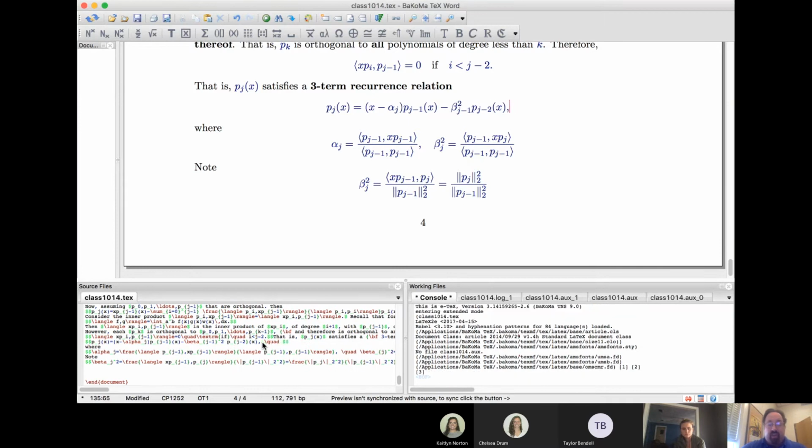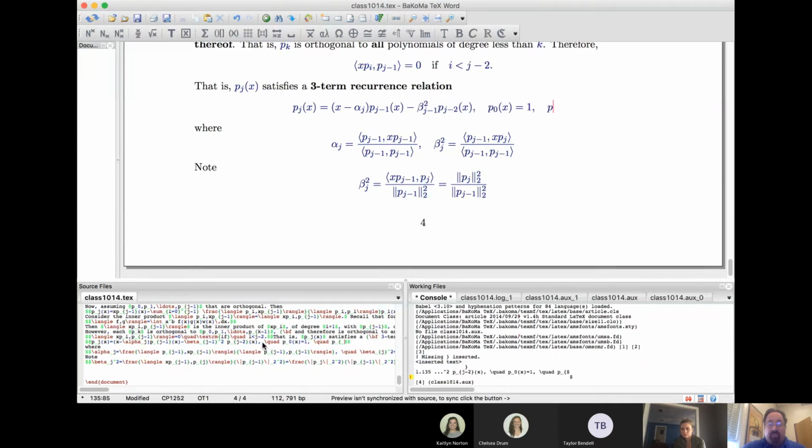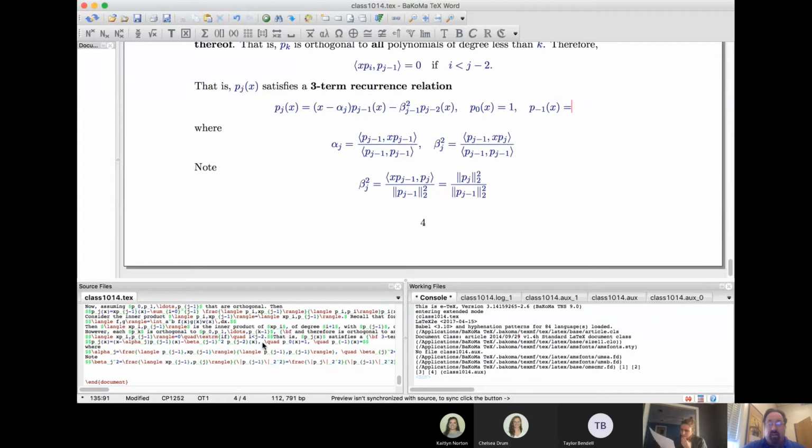Well, I already gave one of them earlier. p_0 of x is 1. And then p_{-1} is equal to 0, just so we can use this three-term recurrence starting from j equal to 1.